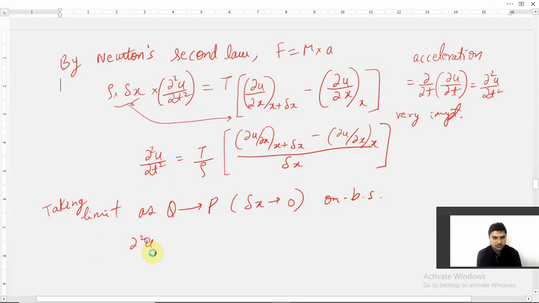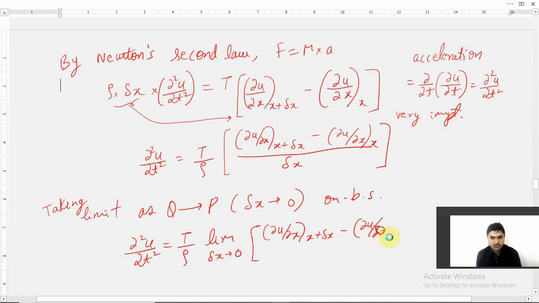What will I get here, students? ∂²u/∂t² as it is, no change. T upon rho is constant. So what will be the limit as delta x tends to 0? What will be this equation? (∂u/∂x at x plus delta x minus ∂u/∂x at x) divided by delta x. What will be this equation, students? Can anybody tell me?